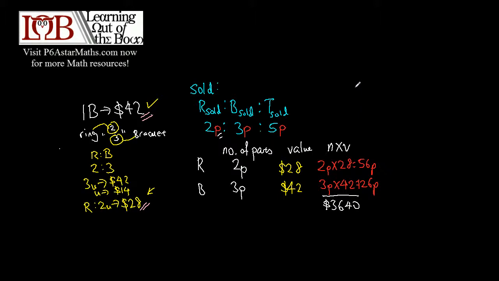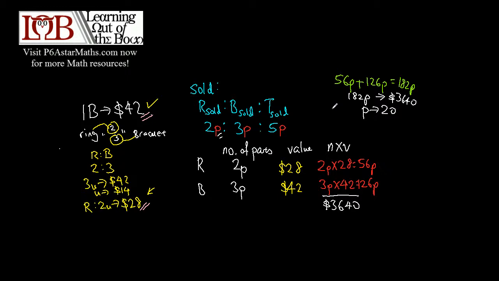Okay, so 56 parts plus 126 parts is equals to 182 parts. And we know that 182 parts is 3640. So from here we can find the value of 1p, which is 20.